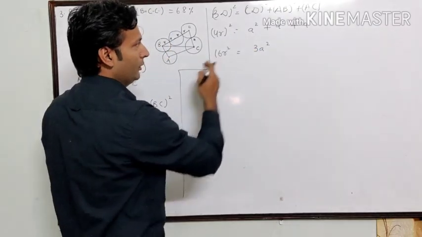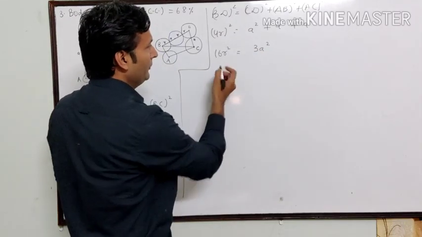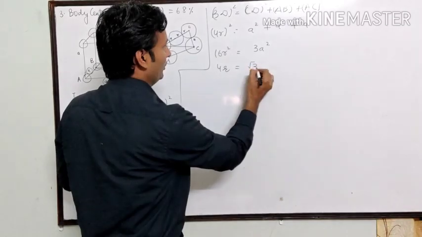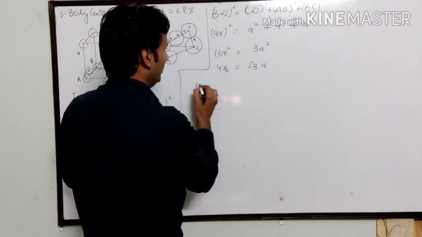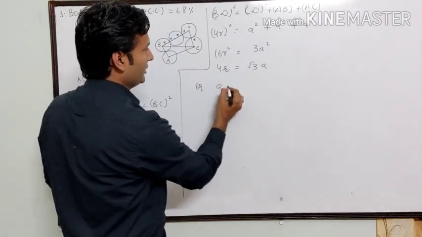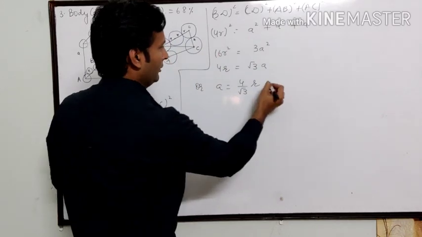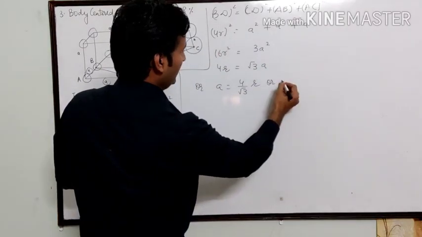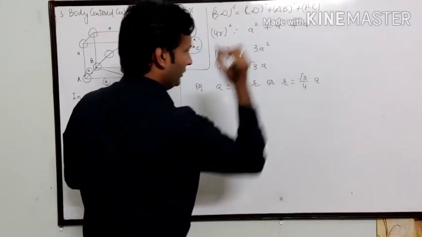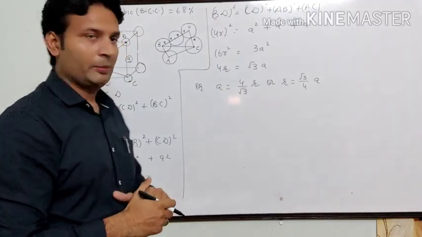Now solve by removing the square. Now it will become 4R is equal to root 3 A, or you can say that A is equal to 4 upon root 3 R, or R is equal to root 3 upon 4 A. Now this is the relationship between A and R for the BCC lattice.